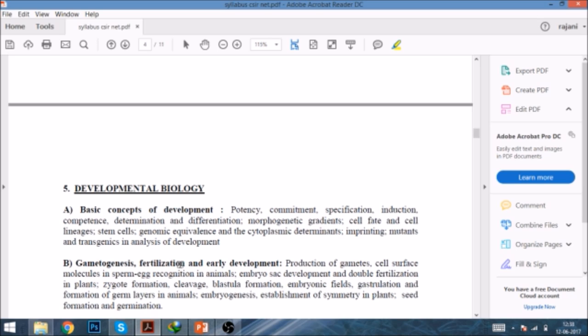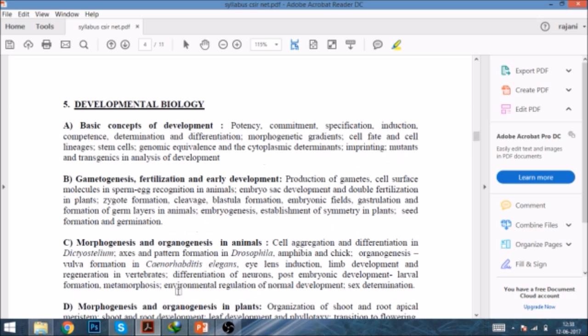And apart from this, the controlling factors involved in the fusion of gametes, and axis and pattern formation are there in section C. Axis and pattern formation in Drosophila, amphibians and chicks are there. In organogenesis, once go through the vulva formation in C. elegans, eye lens induction, limb development, and this is indirectly related with apoptosis.